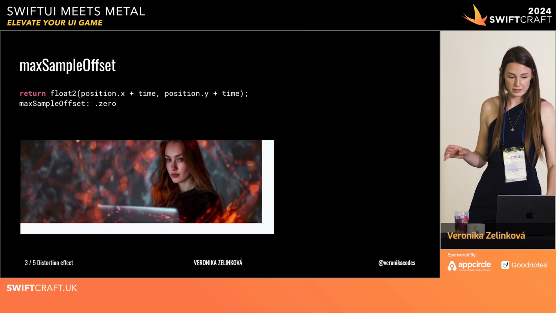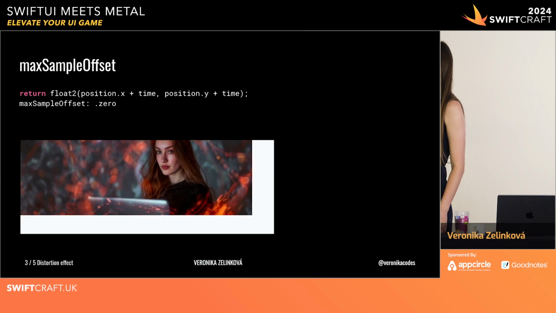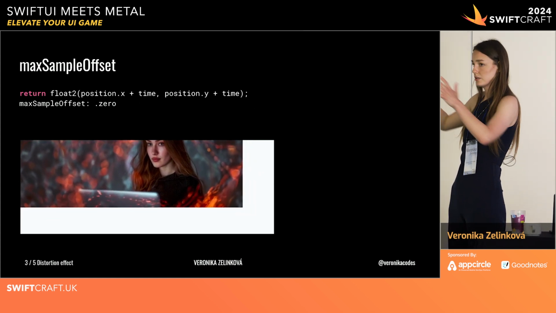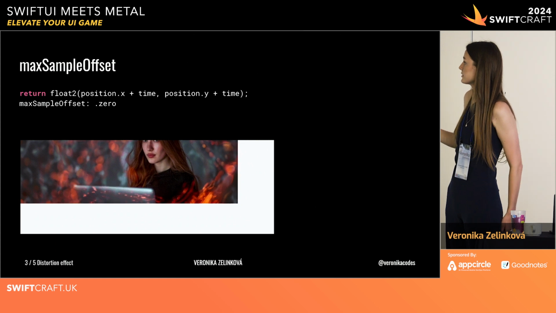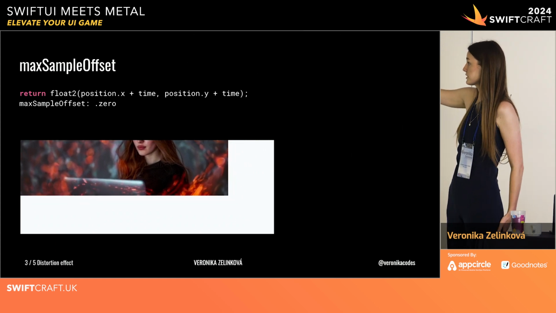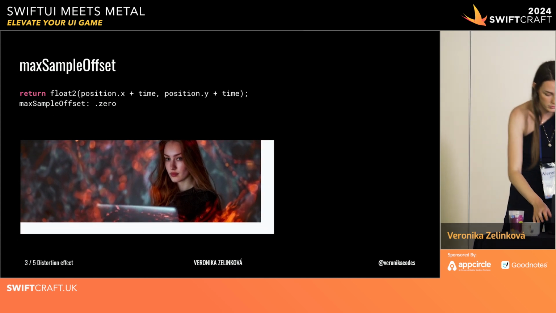Basically, if we are moving this animation, we are returning the position X and position Y, but we are adding some time to it, which we are slowly animating. So the texture is kind of moving. So if the max sample offset is 0, the texture gets cut out of the screen.